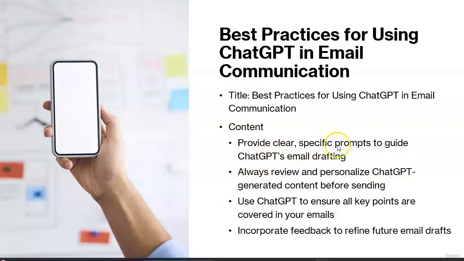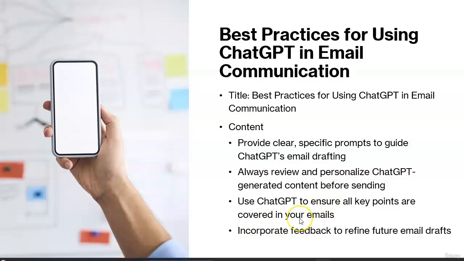Provide clear, specific prompts. The more detailed your prompts, the better ChatGPT can tailor the content to your needs. Review and personalize. Always review and personalize the content generated by ChatGPT before sending it. This ensures that the email reflects your style and meets the specific needs of the situation.